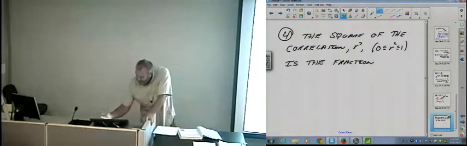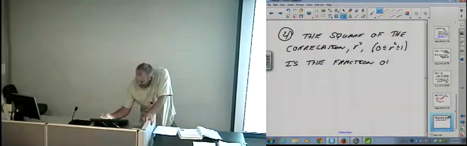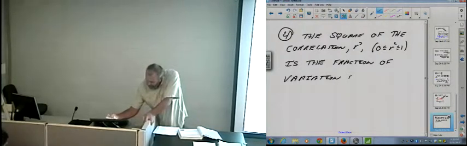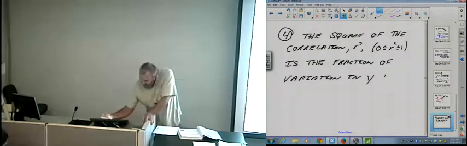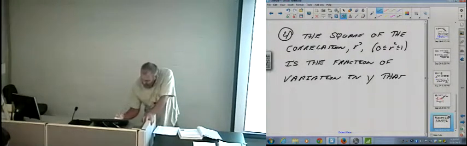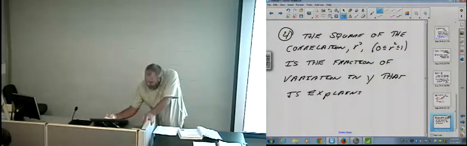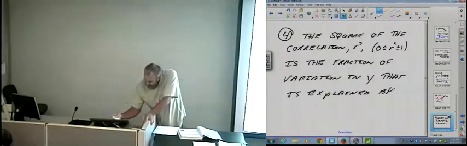Is the fraction of variation in y that is explained by the regression line.